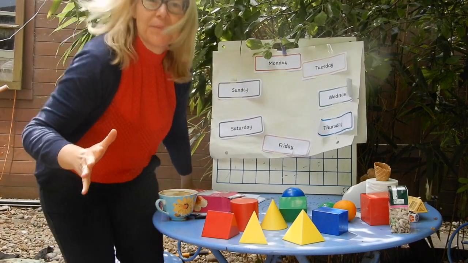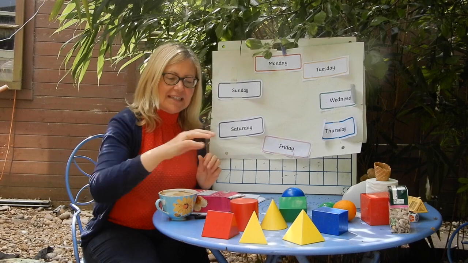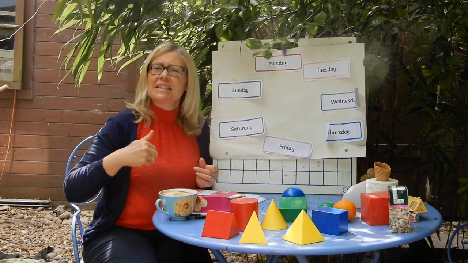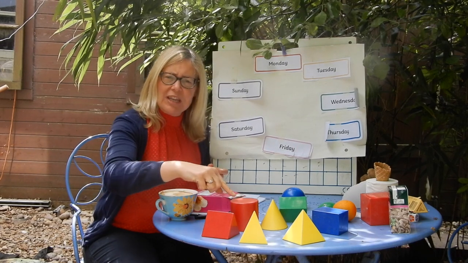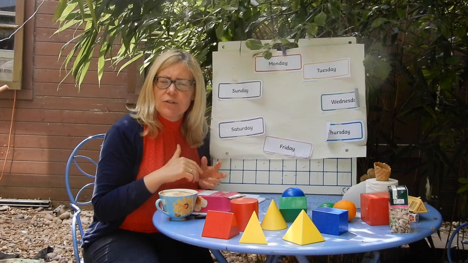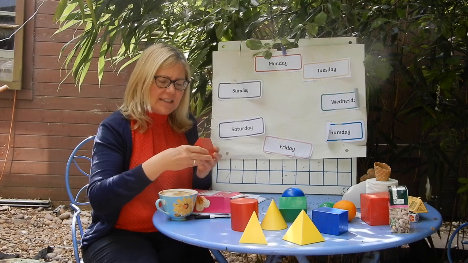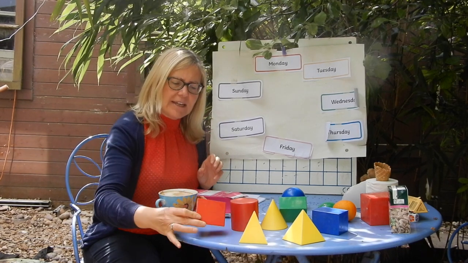Right, okay, so that is the end of today's lesson. We've had a good look at our 3D shapes. We've had a little look at naming them. It might be an idea to take the video back again to the beginning, where I name all the shapes, and you could just turn the volume down and have a go at naming those shapes, and your adults can tell you if you've got it right. Use your knowledge of the faces and the shape of the faces to help you think, what is that 3D solid shape?